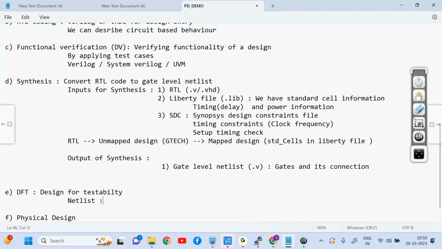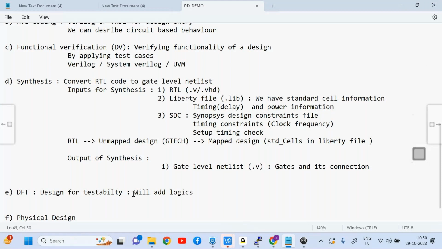But what the DFT team will do is add additional logic to the design without affecting functionality.